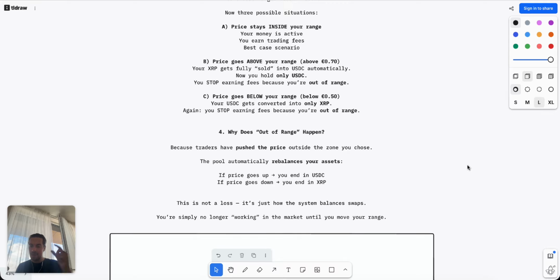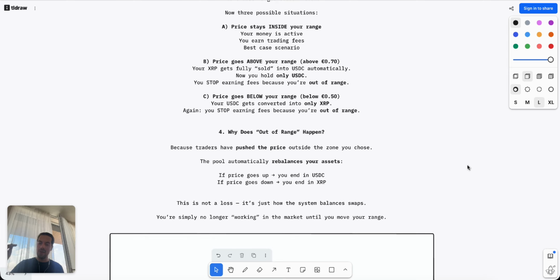If it goes back into your range, you are once again being converted towards XRP, because it means the price is falling. So you are getting converted from USDC back to XRP and you are earning the fees again. If the price goes down, you end up in XRP because people are selling XRP, so there is more XRP in the pool and less USDC.